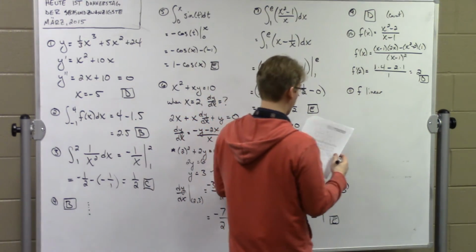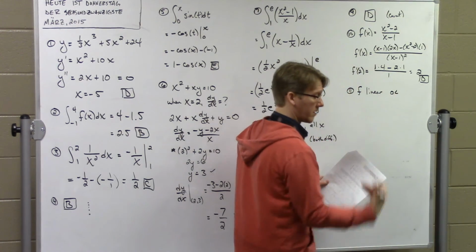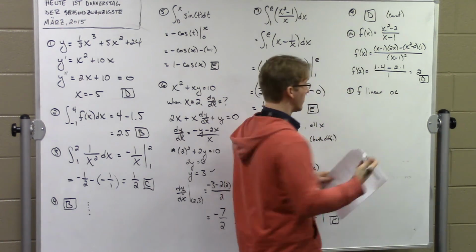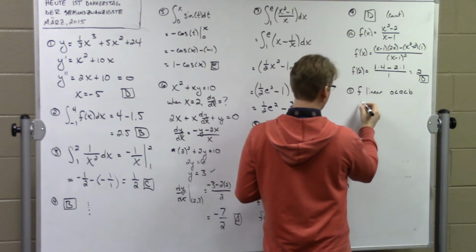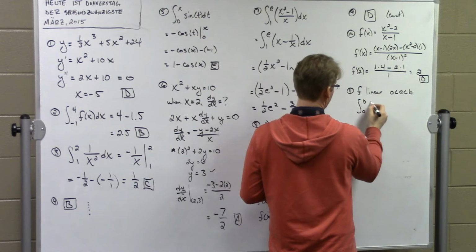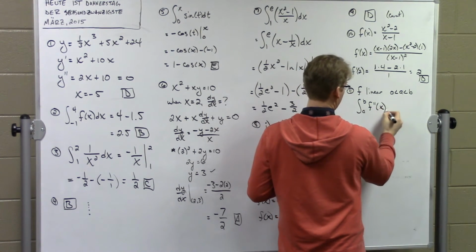Not a negative zone. They want to know the antiderivative from A to B of f double prime of x.